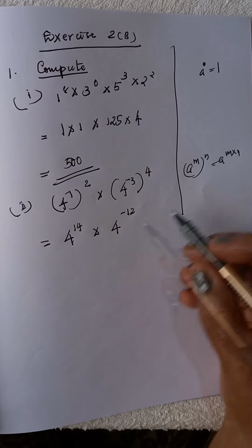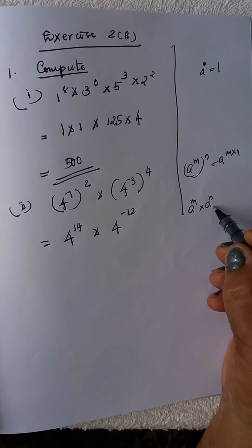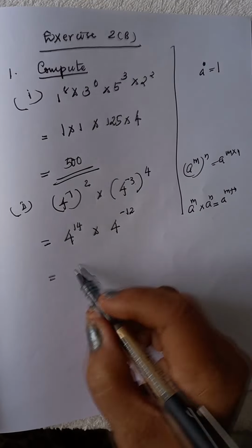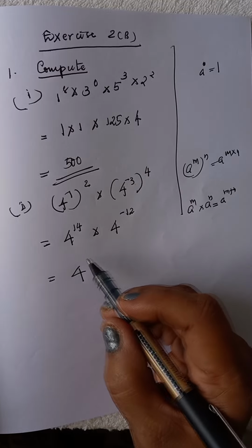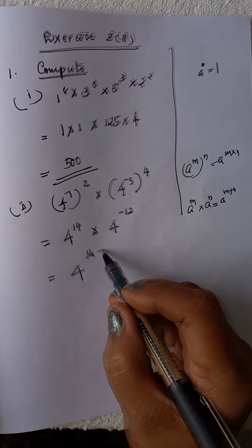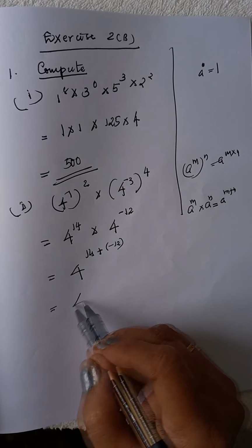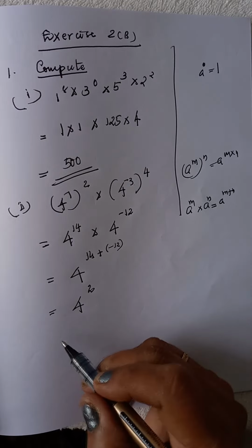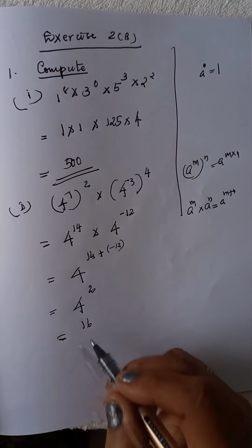Now here we can apply the formula a raised to m into a raised to n is a raised to m plus n. So this is equal to 4 raised to 14 plus minus 12, that means 4 raised to 14 minus 12, that is 2. 4 raised to 2 is 4 into 4, that is 16.